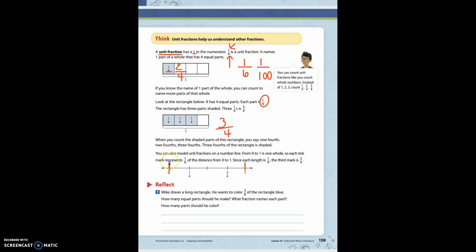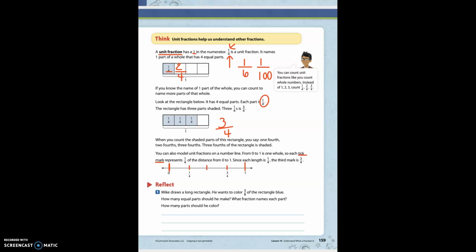So each tick mark represents 1/4. A tick mark on a number line are these little lines. This is a tick mark, tick mark, tick mark. Those are tick marks. And each one represents 1/4 of the distance.